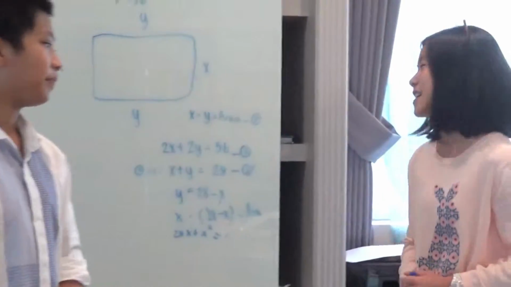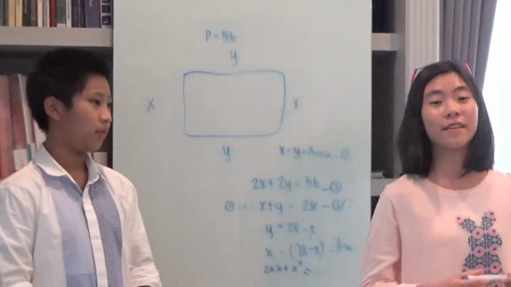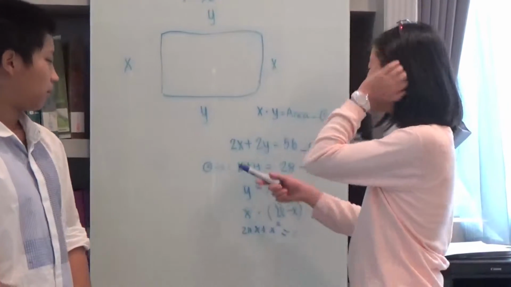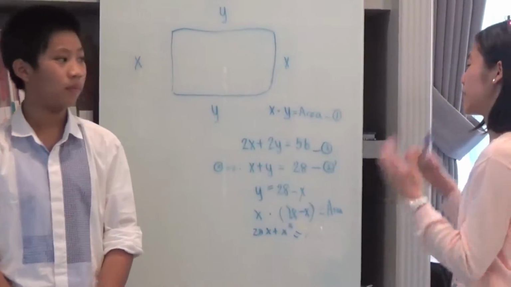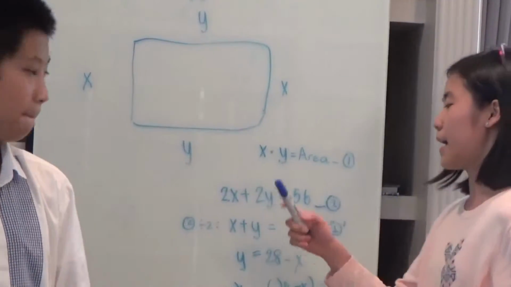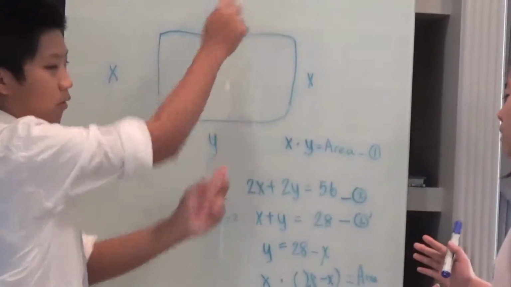Our equation here is the area of this rectangle, which we multiply x and y because you know that the formula of a rectangle is length times width. Now, this is also another equation. We use polynomials in here, which is finding the perimeter by adding 2x and 2y, which will equal our perimeter, which is 56.